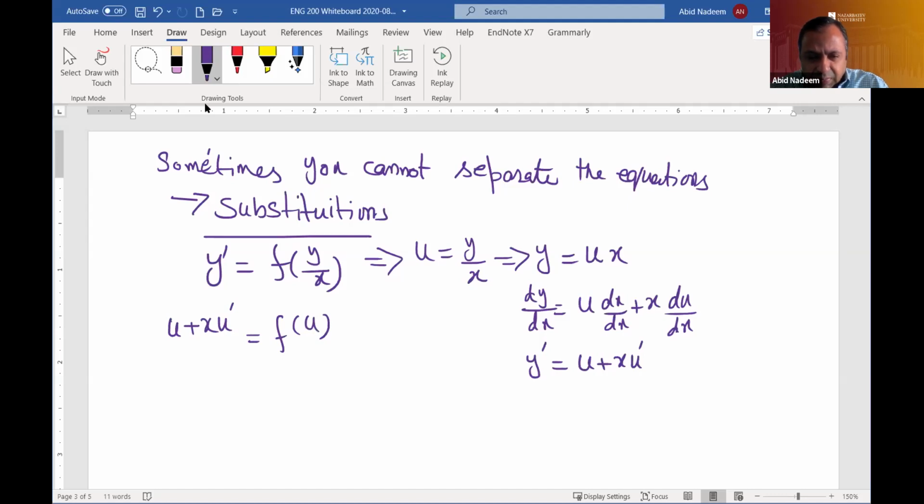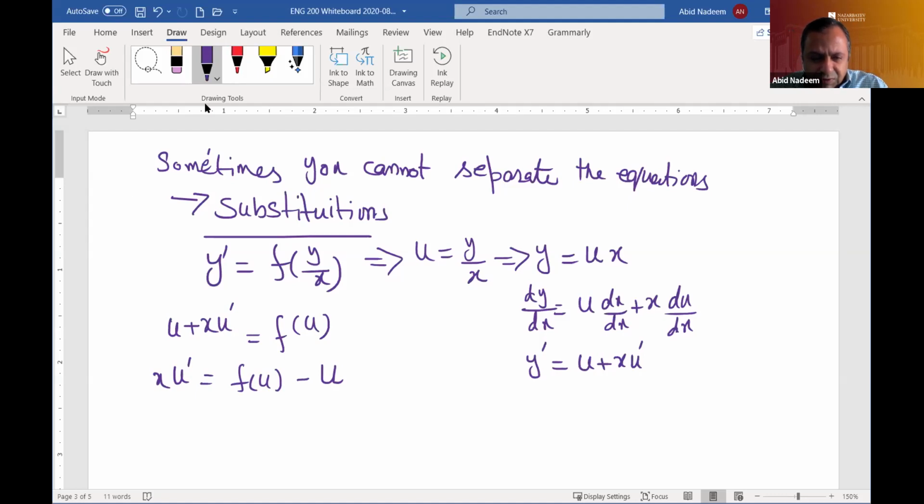And then what I do is, I will take x u prime over here, and f of u, I take u on that side. So in this case, you can see that all the u prime terms are over here.